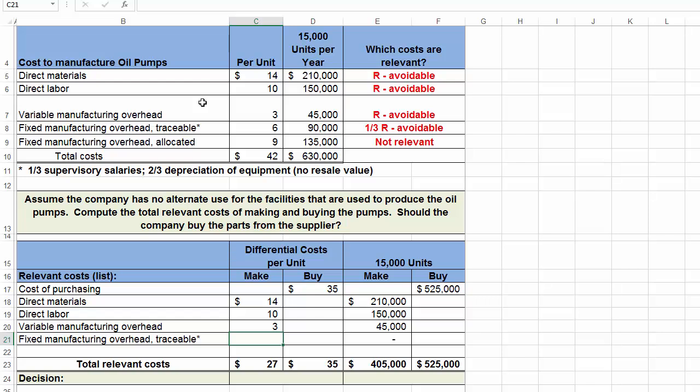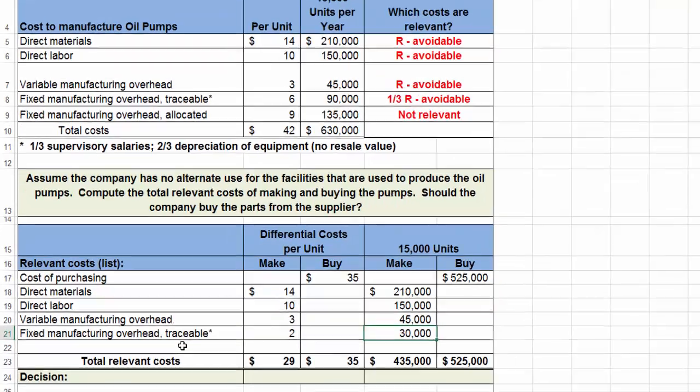So we will multiply the fixed manufacturing overhead that is traceable of $6 times one-third to come up with $2 per unit that is relevant in this decision. Those would be the costs that would be avoided if we were to buy this oil pump somewhere else. So in total, we have $30,000 in relevant traceable fixed manufacturing overheads that would be avoided.